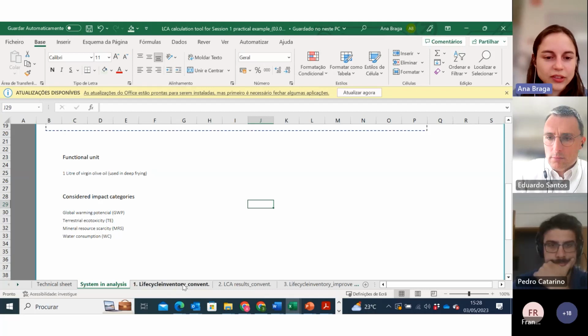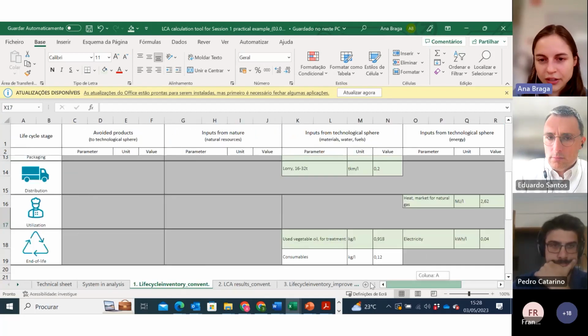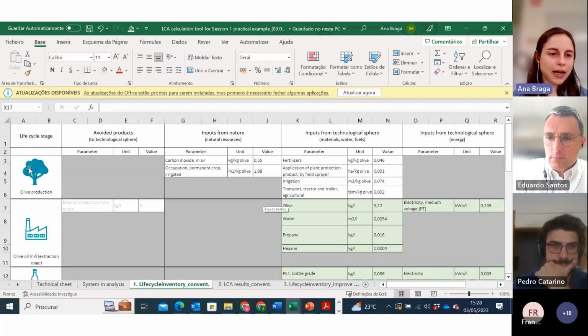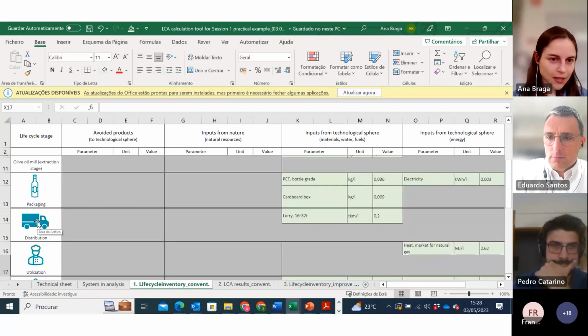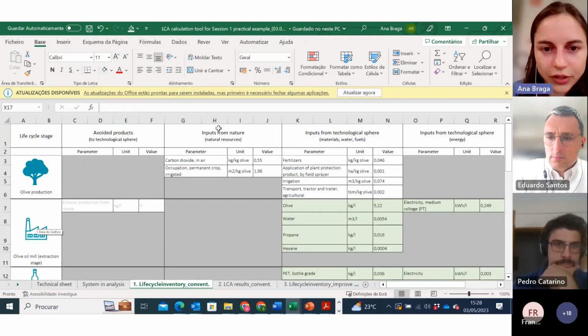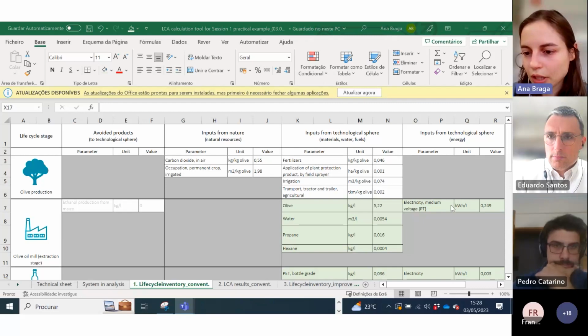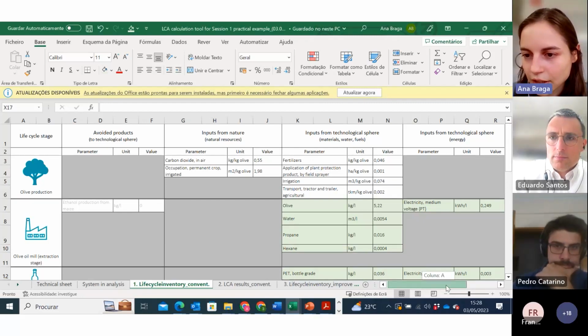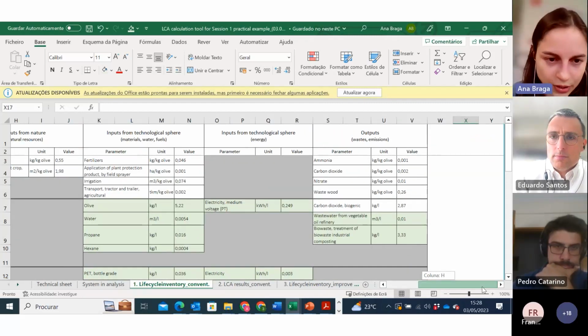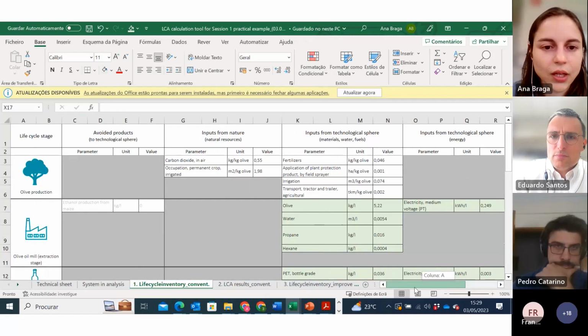Yes, so we have here, by lifecycle stage and by category of inputs and outputs, the values that were shown in the presentation. Okay.